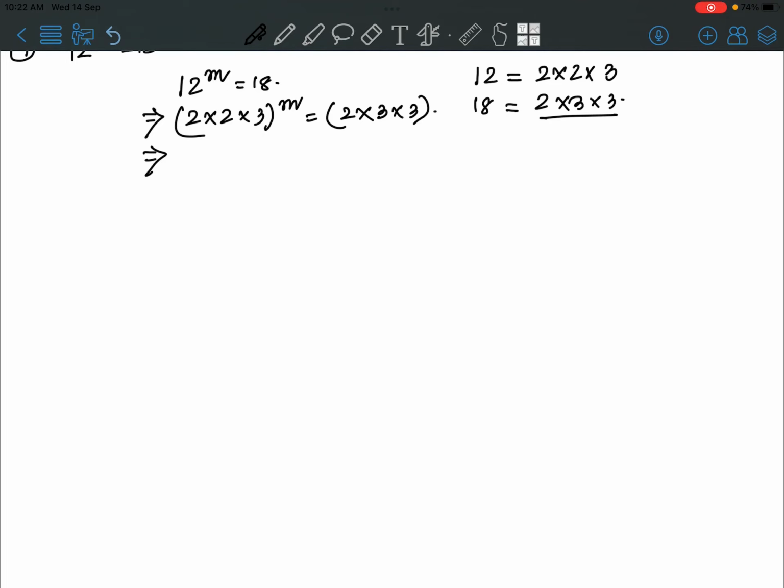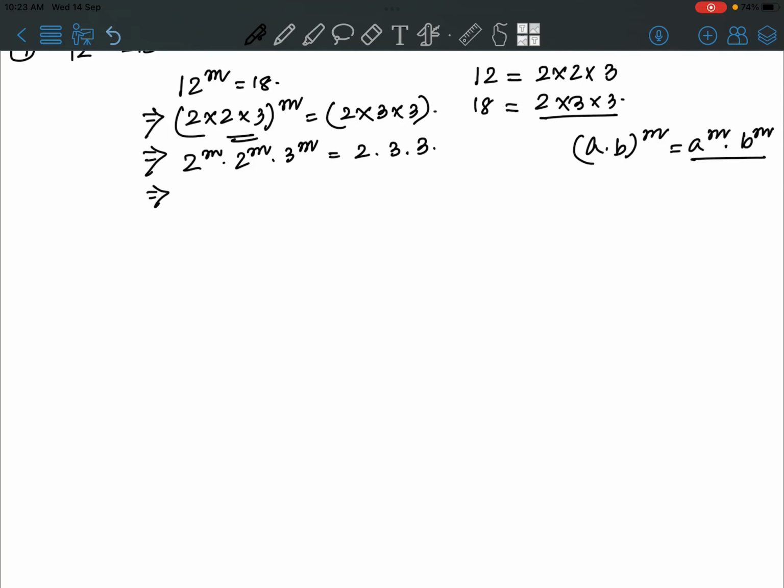Now we will use the formula (a into b) whole to the power m can be written as a to the power m into b to the power m. In this case, 2 to the power m into 2 to the power m into 3 to the power m equals 2 into 3 into 3.